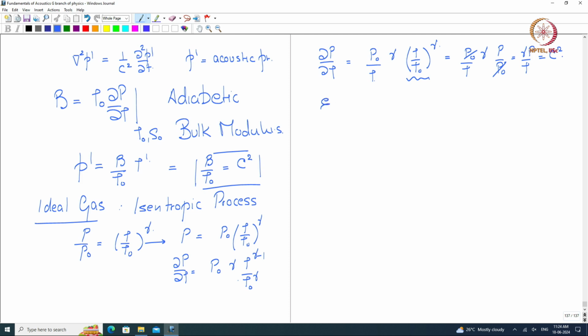So now in the equation of state for a constant mass, what we have is P by rho is equal to RT.